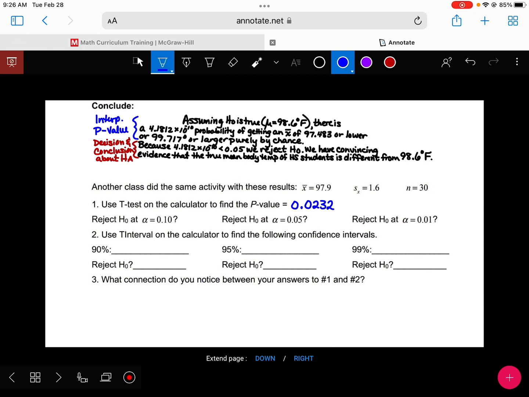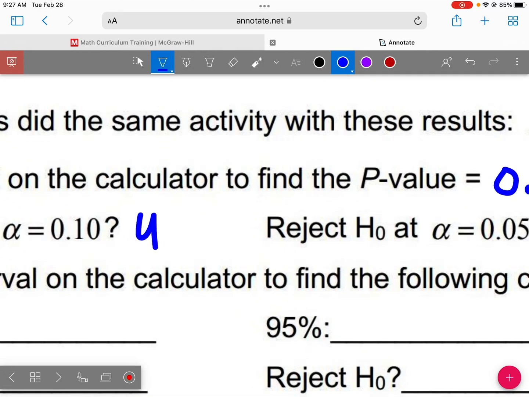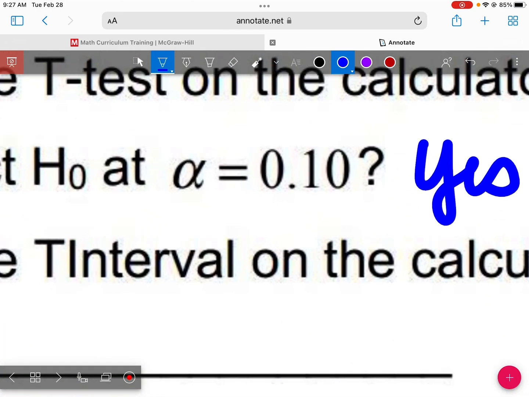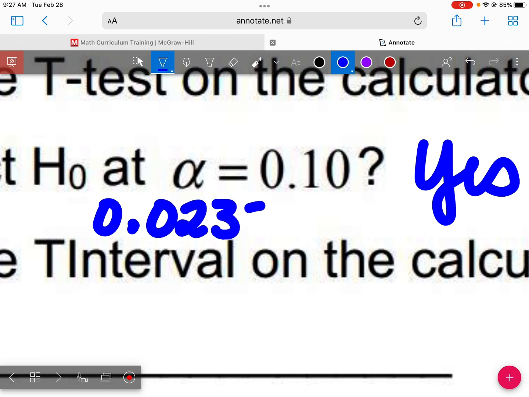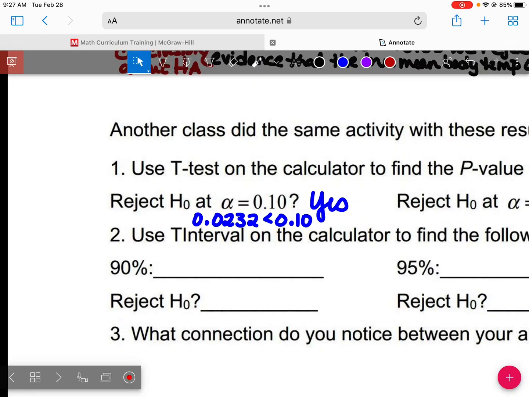All right, so we have our p-value, 0.0232. Would we reject the null at an alpha level of 0.10? Yes. Because 0.0232 is less than 0.10. Would we reject at an alpha level of 0.05?